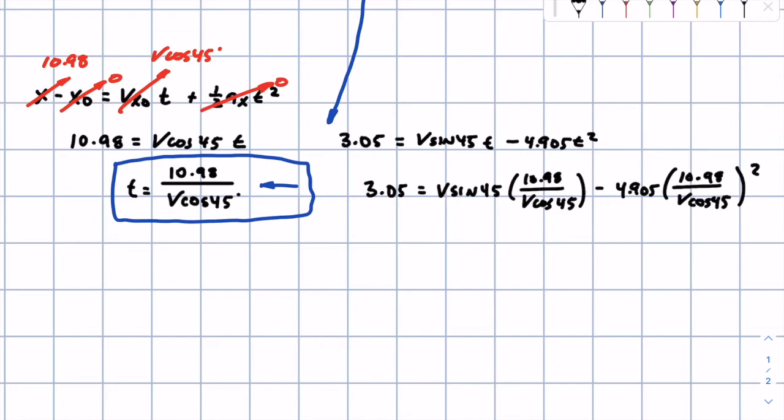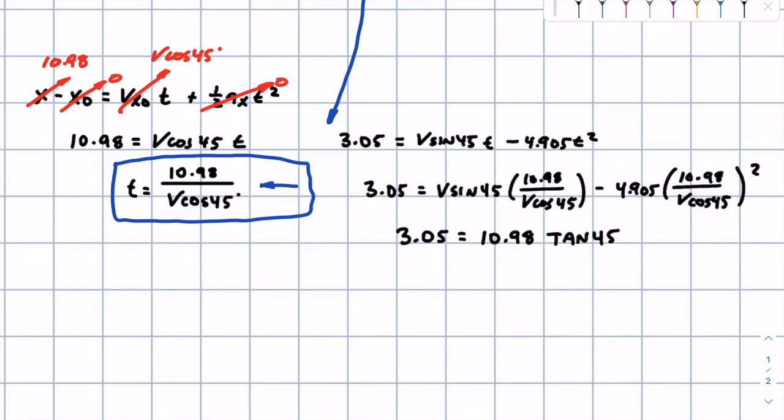All right. So doing a little bit of algebra and calculator work, making sure to square the 10.98 and the cosine 45 and the V squared, and distributing this in, I'm going to simplify it to be this. 3.05 is equal to 10.98 times tangent of 45, right?